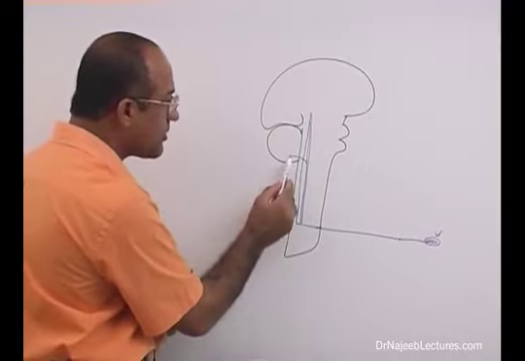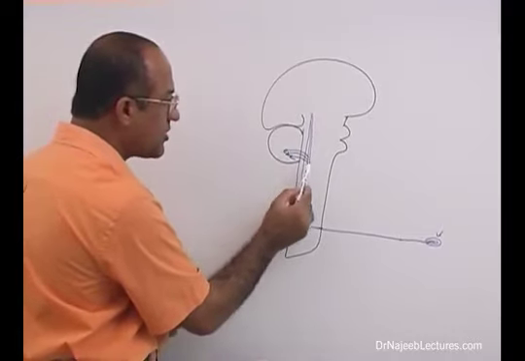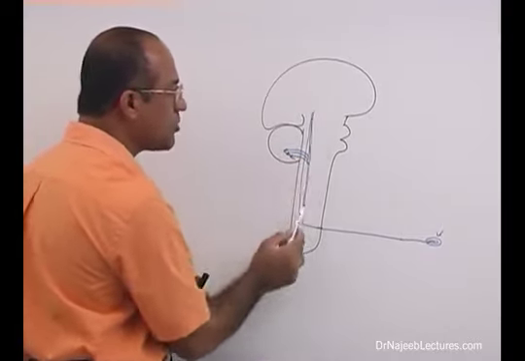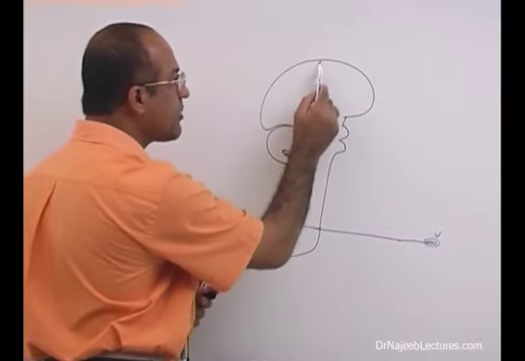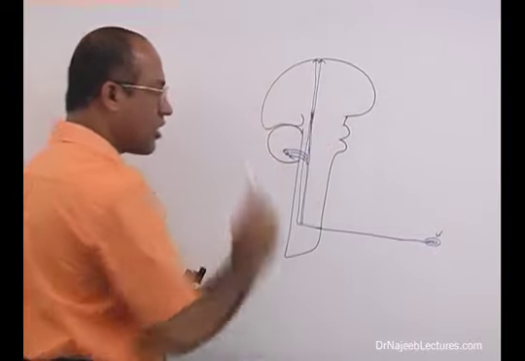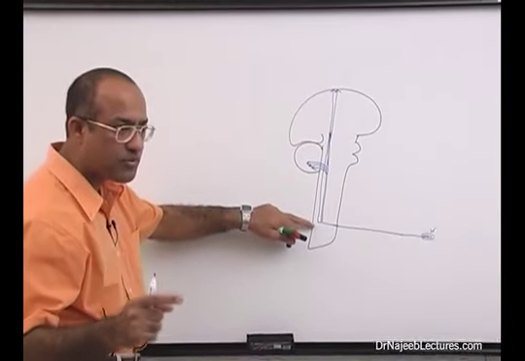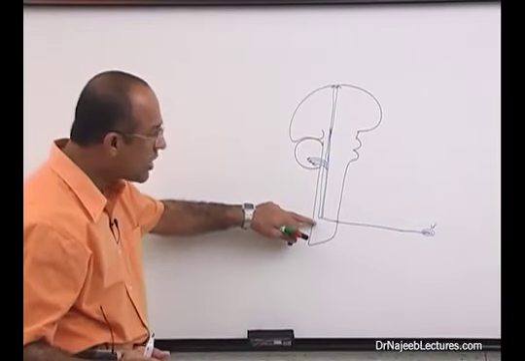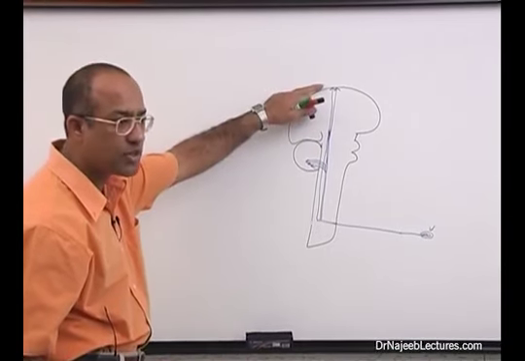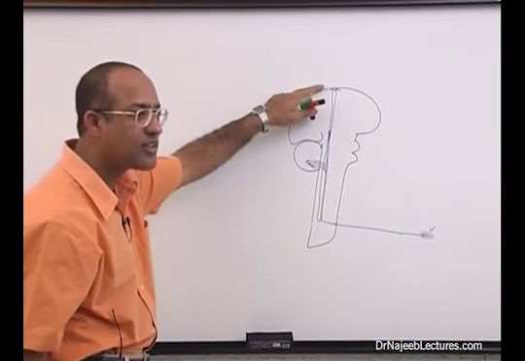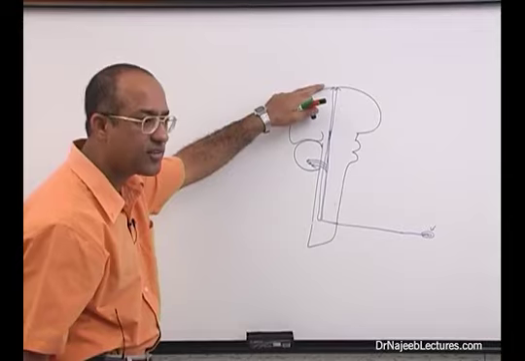Some of these tracts take the information to the cerebellum. Some, eventually through a multiple chain of neurons, take the information to the sensory cortex. All those bundles of axons which take sensory information from the lower level to the upper level of the central nervous system are called sensory tracts or ascending tracts.